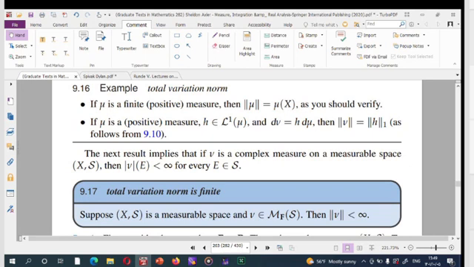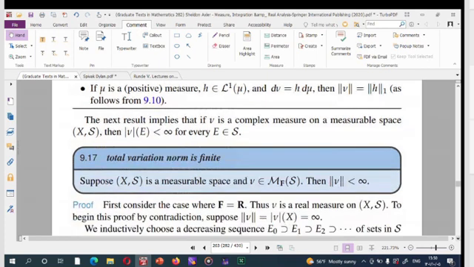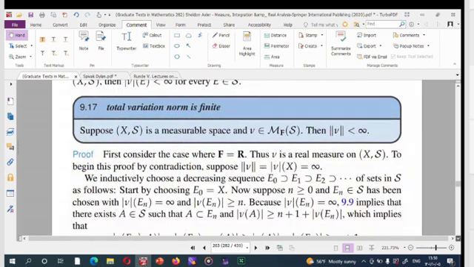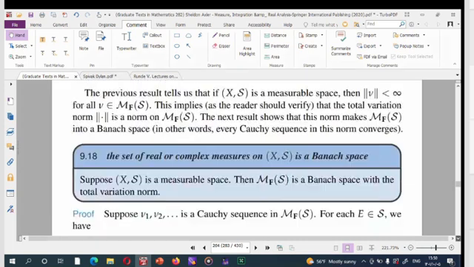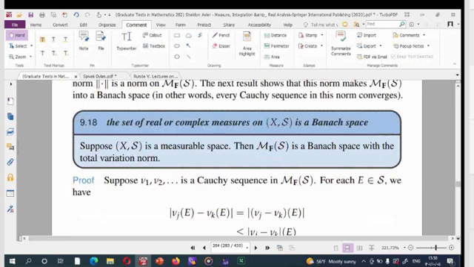Suppose (X, S) is a measurable space, then for any mu in M_F(S), this quantity is finite, and finally, for any measurable space (X, S), the set of all measures on F is a Banach space, so that this is a vector space, and total variation norm is a norm actually in this space.